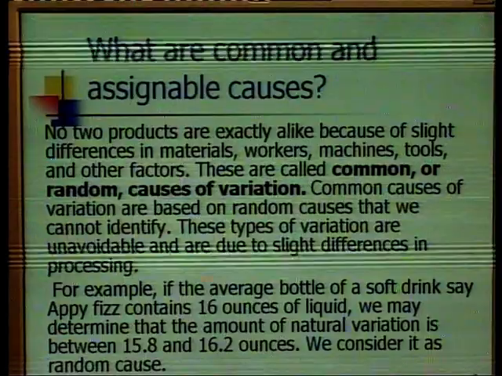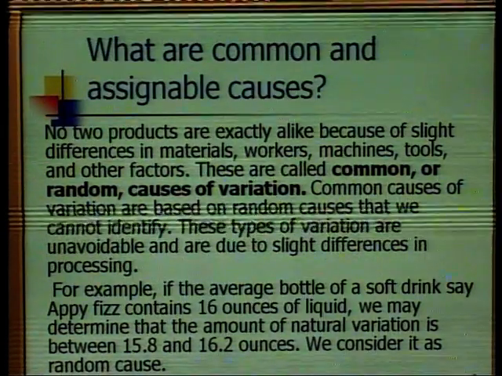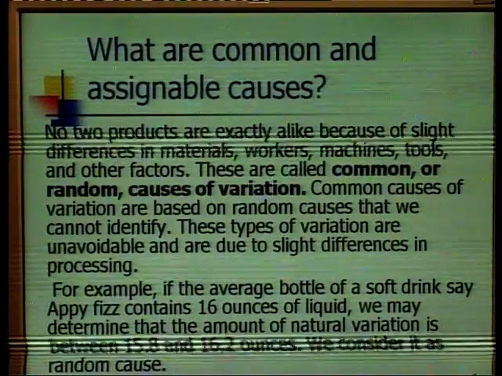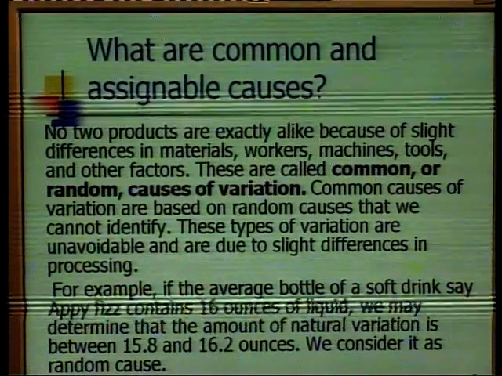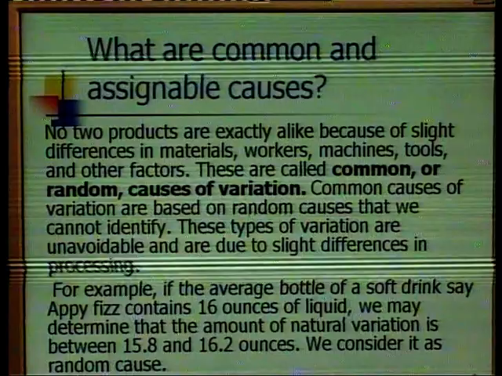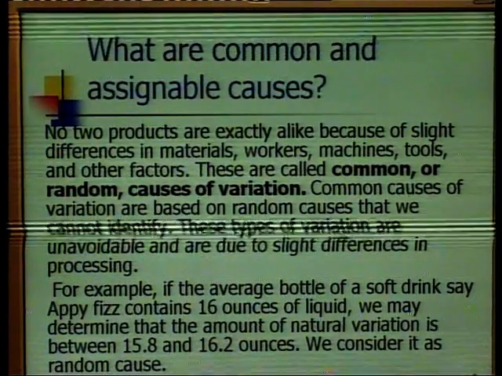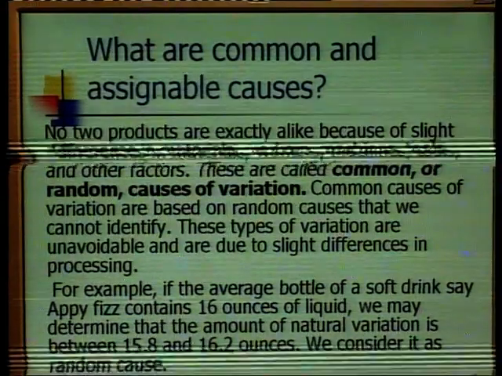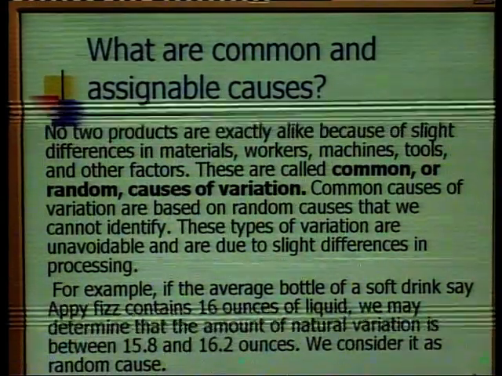Now, the common causes of variation are based on random causes that we cannot identify. It is really very difficult to identify these causes, and these types of variations are unavoidable. We can't avoid them, and they are due to the slight differences in the manufacturing process.